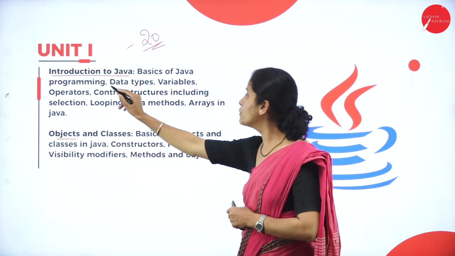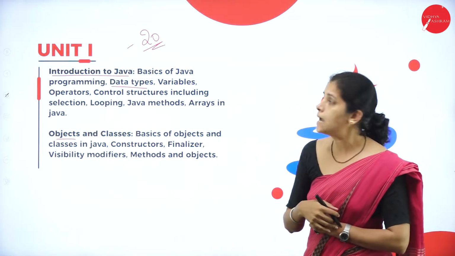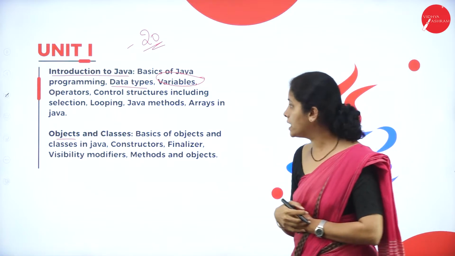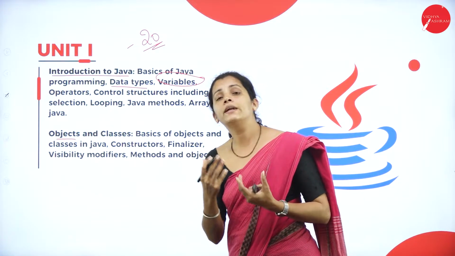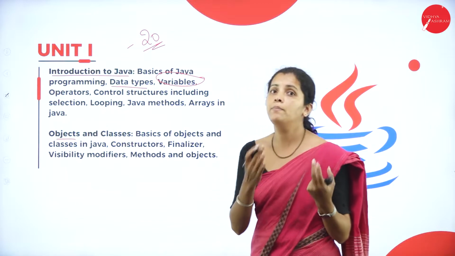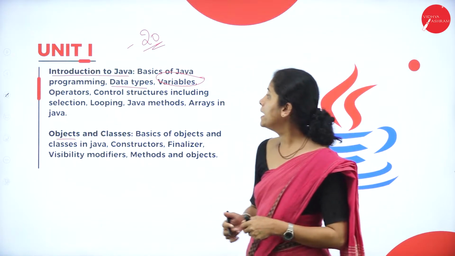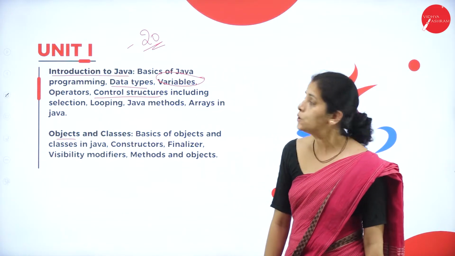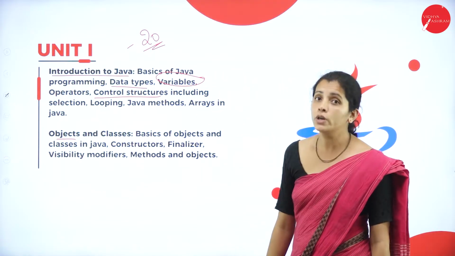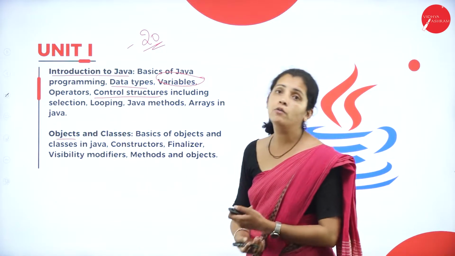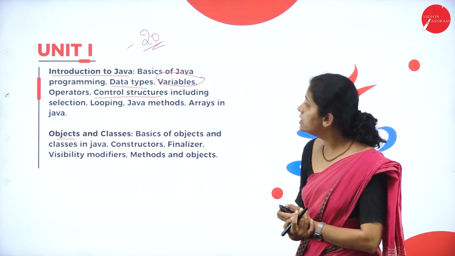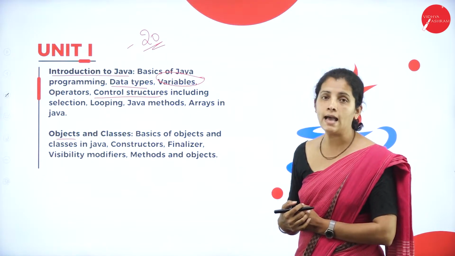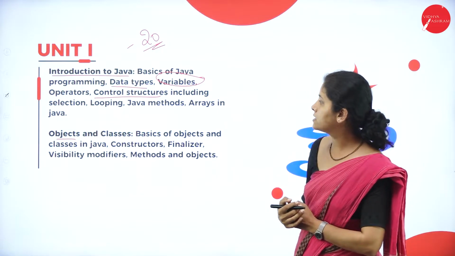Along with that, I'm going to deal with data types. What are variables, how to define variables, what are the different kinds of operators I can use in my program. Along with that, I'm going to study the control structures. When I talk about control structures, here I'm going to have selection constructs as well as iteration constructs.